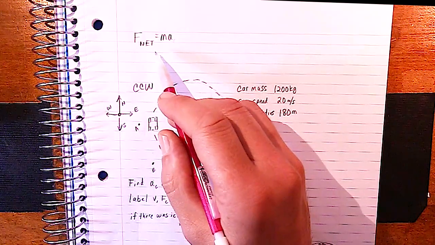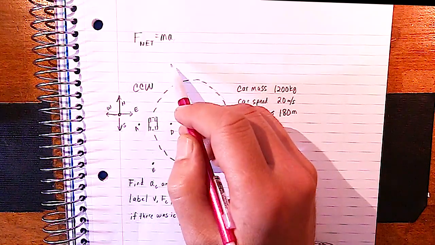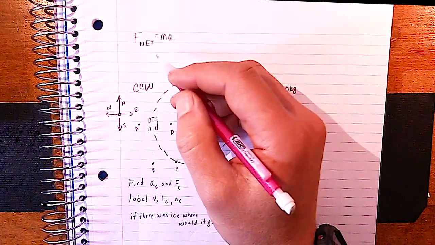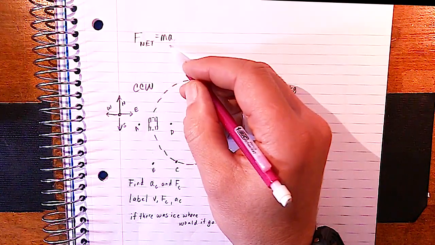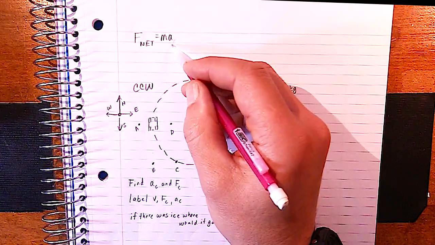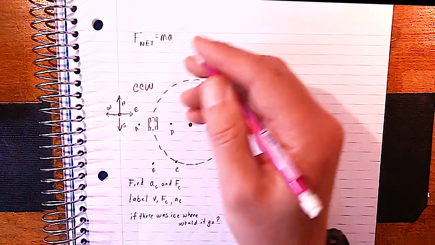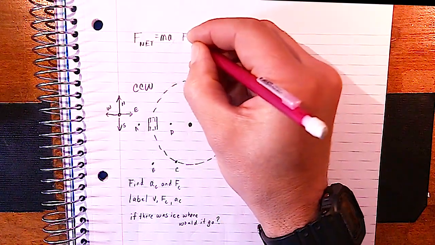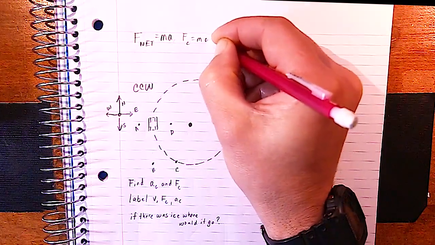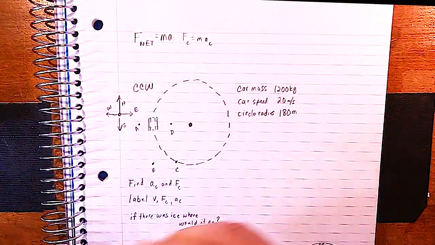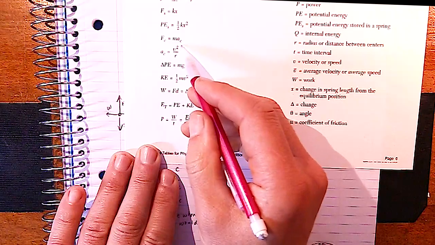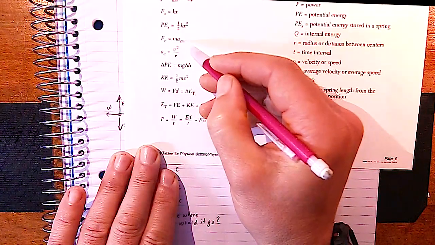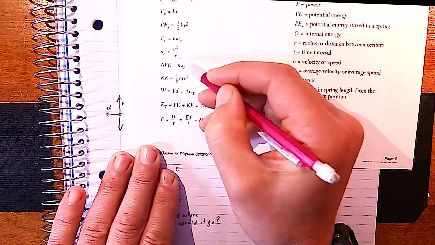We know that F net equals ma. But what happens if we say that this is centripetal acceleration? Well, what causes centripetal acceleration? Centripetal force. So our formula is Fc equals mac. But we also know that AC is v squared over r.